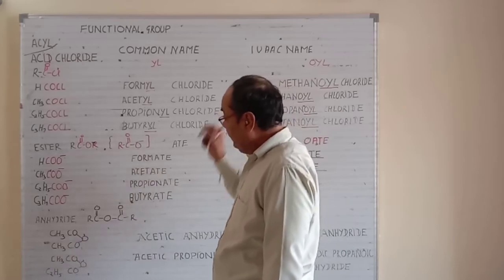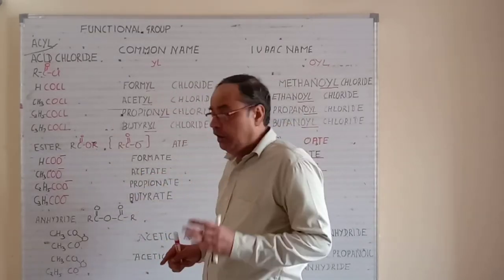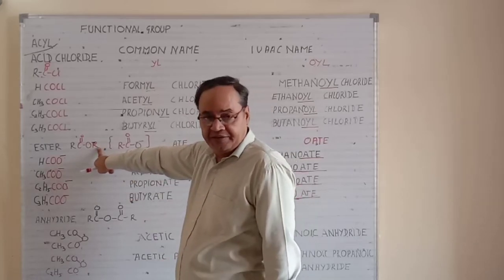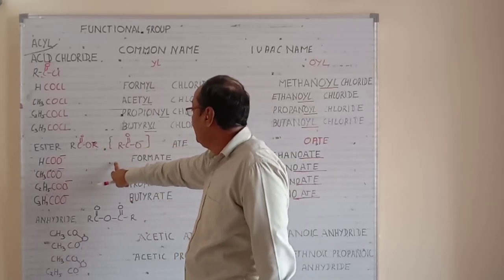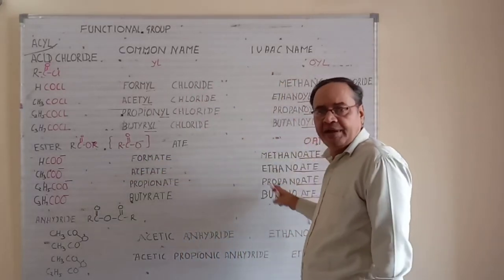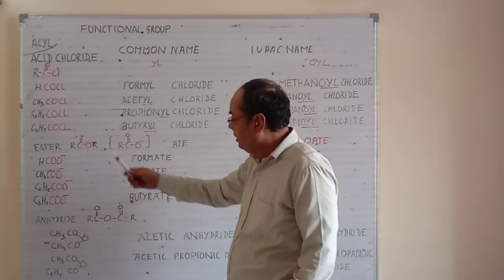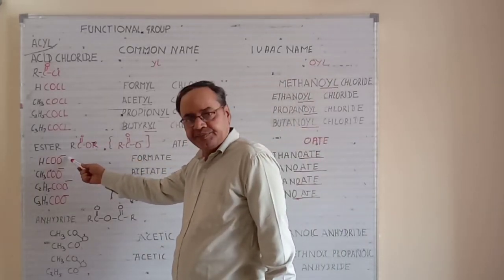So in this R, which we have already left, now whatever R you are taking here, you have to just put that word before both the common and IUPAC name. For example, I'll give you more examples on this, just wait. Suppose you are putting a methyl here.